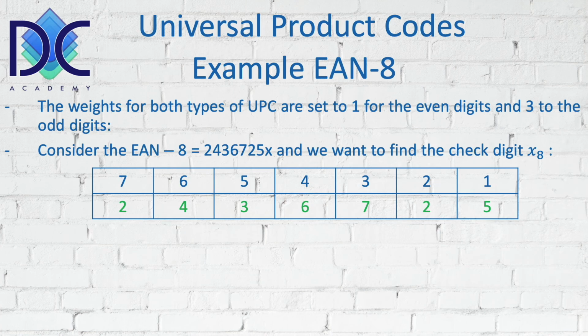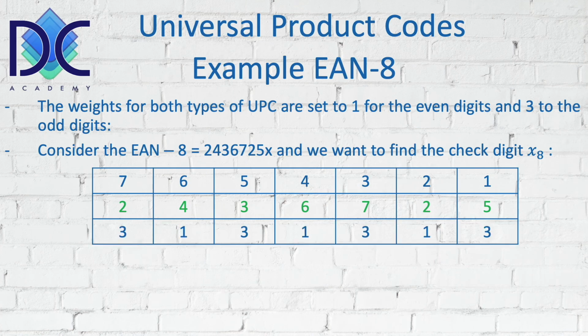So basically here we could say that the last digit, the x, is basically x0, but typically we use x8. Now, what we are going to do now is to add the weights. When the position is an odd position, the weight is 3. When the position is an even position, the weight is 1. So for 7, 5, 3, and 1, we have a weight which is equal to 3. And for 6, 4, and 2, we have a weight which is equal to 1.